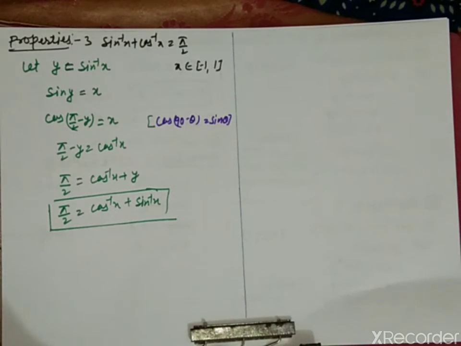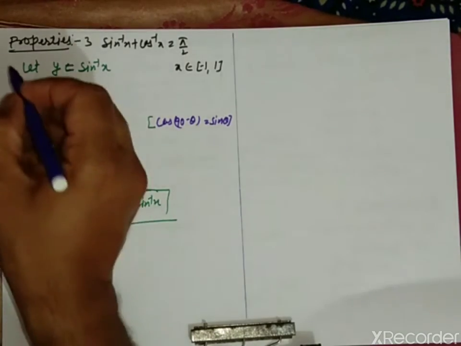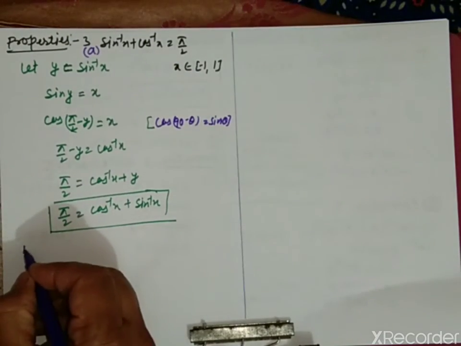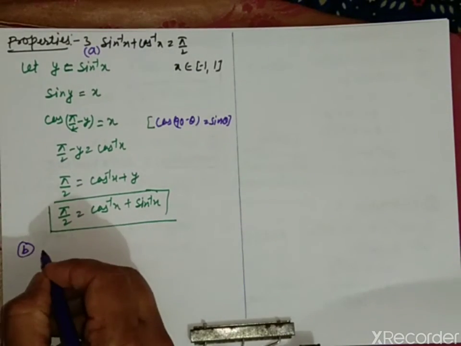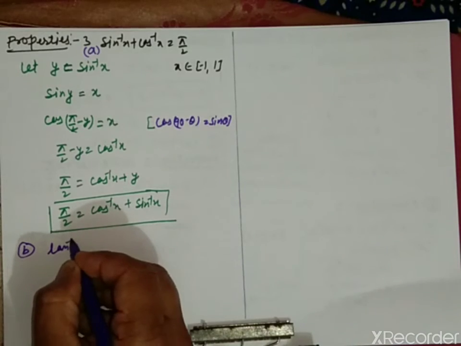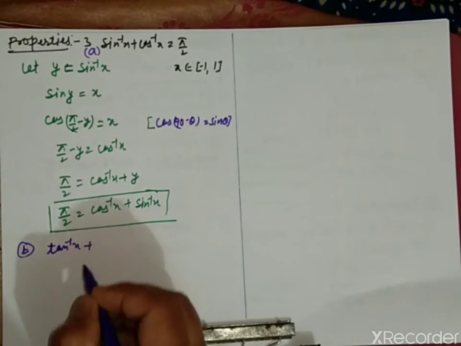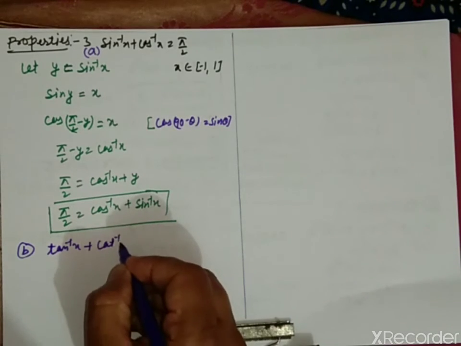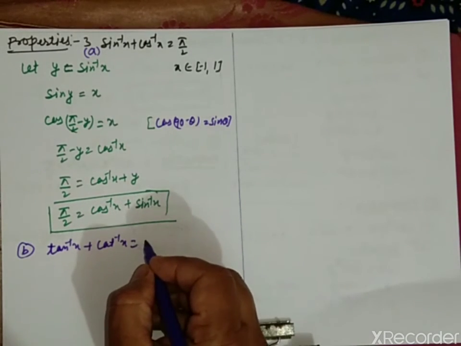Similarly, suppose this property we call 3a, so 3b is tan inverse x plus cot inverse x is equal to again pi by 2.